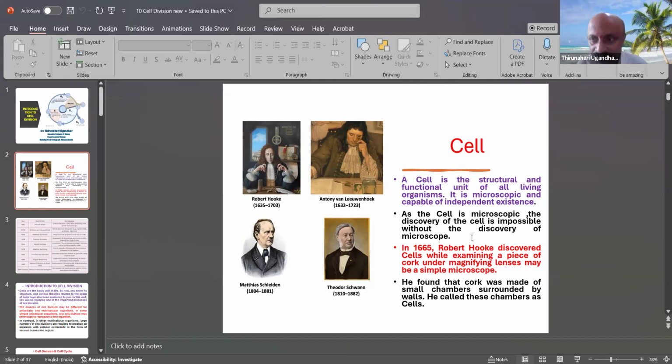Under the microscope he observed small animalcules, bacteria, fungi, and algae, which are all microscopic. The cell is the unit of all living organisms, microscopic and capable of independent existence. As the cell is microscopic, its discovery is impossible without the discovery of microscopes.